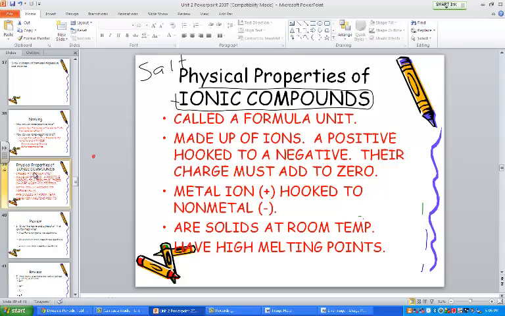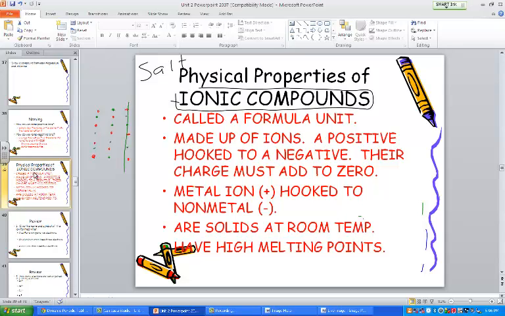If I were to build in a three-dimensional crystalline structure a sodium chloride, we start to develop a three-dimensional array of repeating patterns. What I'm trying to draw here is a repeating pattern of a positive, negative, positive, negative, positive, negative. This is really what a crystalline substance looks like. Just this repeating three-dimensional pattern.